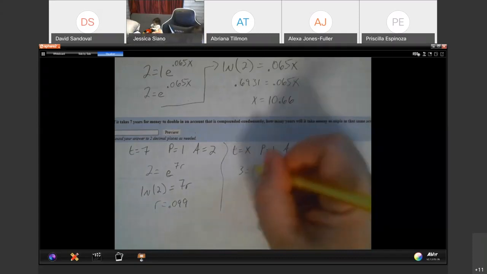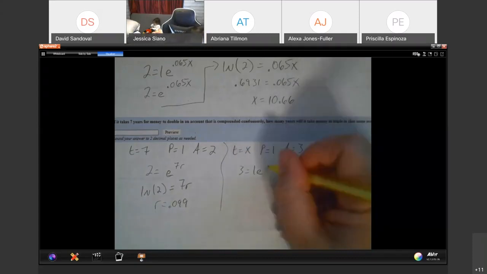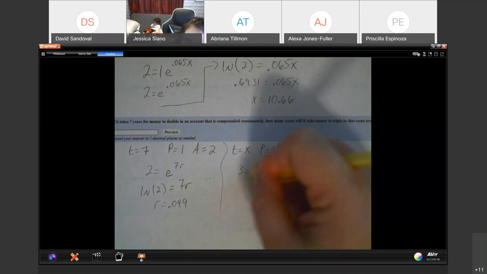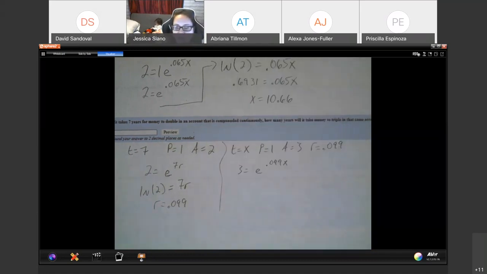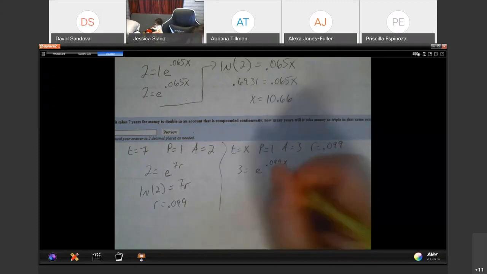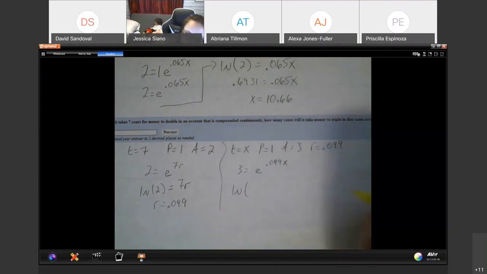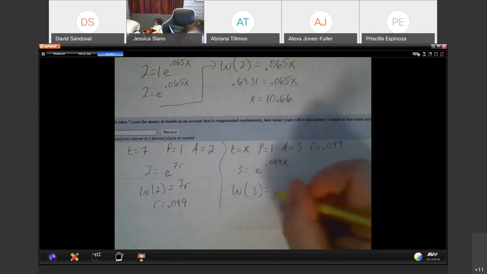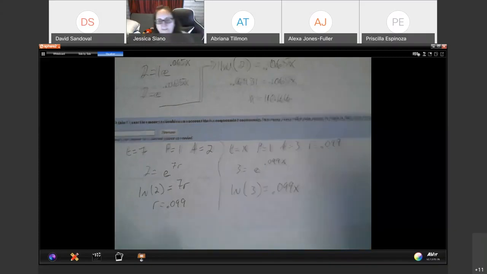So 3 equals 1e to the 0.099x. But again, 1 times anything is just that thing. So now I have log with base e, or the ln, of 3 equals 0.099x.